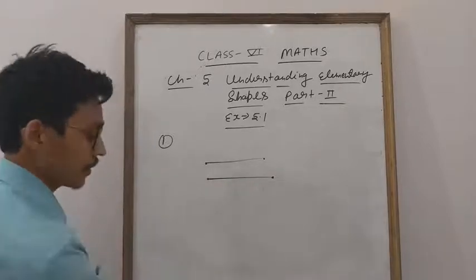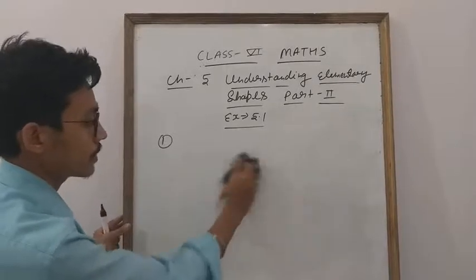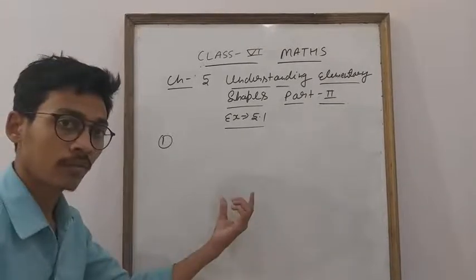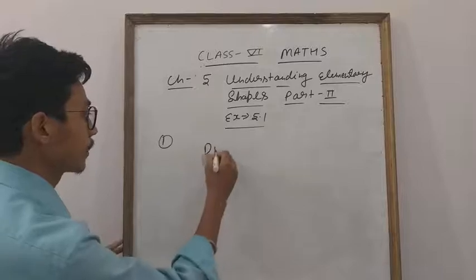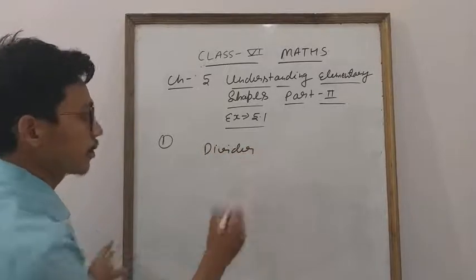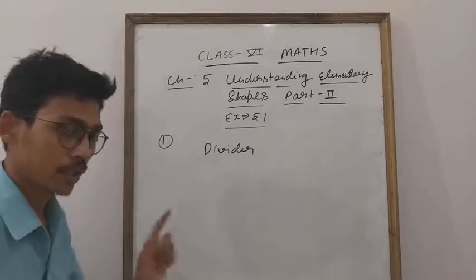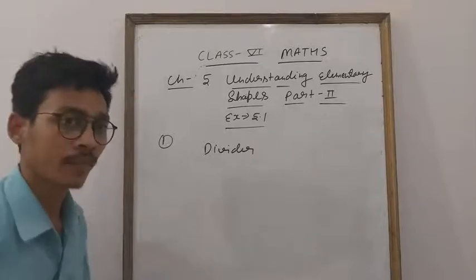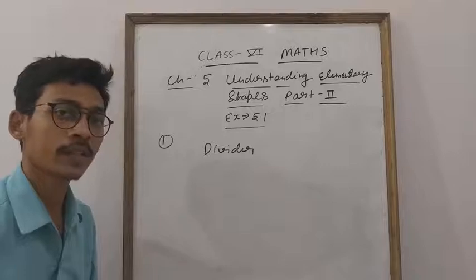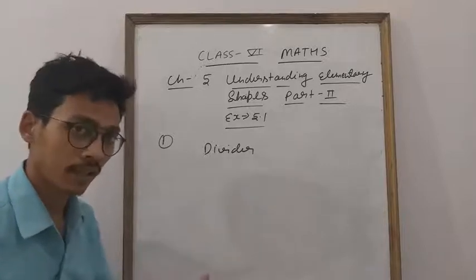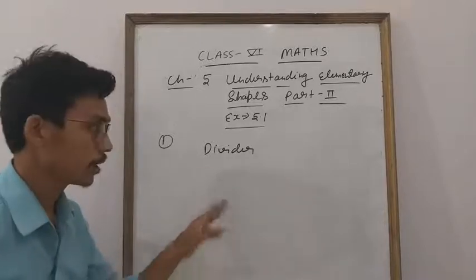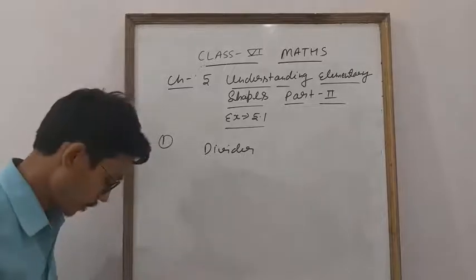So we will measure this with the help of what? Divider. Why? Because the divider gives the accurate value and there is less chance of error. So you will write that there is a chance of error, and due to this we will not rely on observation. Now the second question.